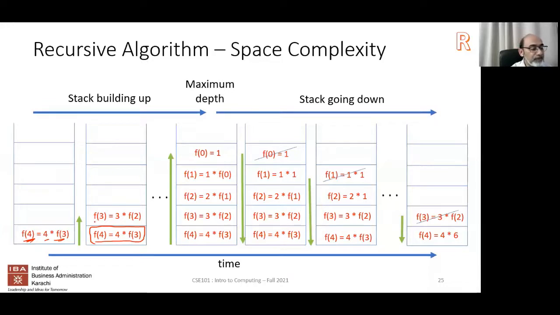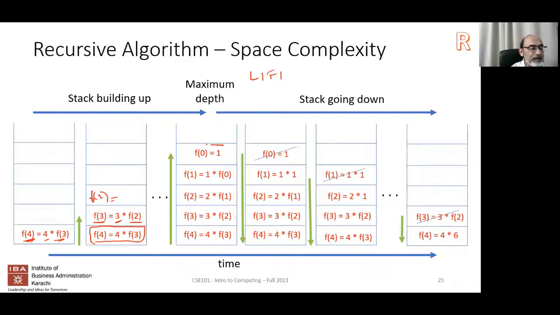I'm going to try to calculate factorial of 3, but I don't know what factorial of 3 is, so it's going to be 3 times factorial of 2. So I'm going to keep all of this in memory. This is a sort of a stack building up. It would build up all the way to the top, and the last item in is going to be the first out: LIFO, last in, first out.